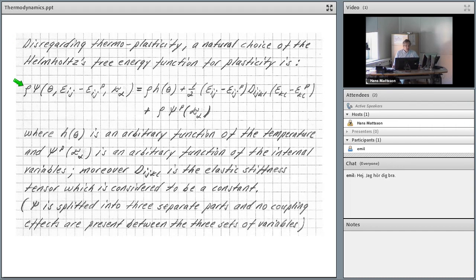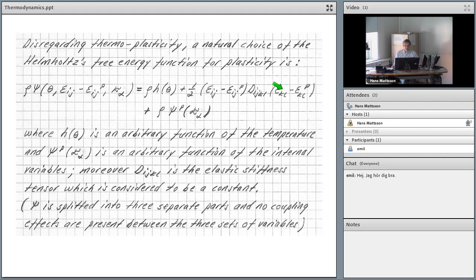And we have three different terms here that are not coupled to each other. The mass density times an arbitrary function of the temperature here, plus 1.5 times the elastic strains times the elastic stiffness tensor times the elastic strain tensor here.